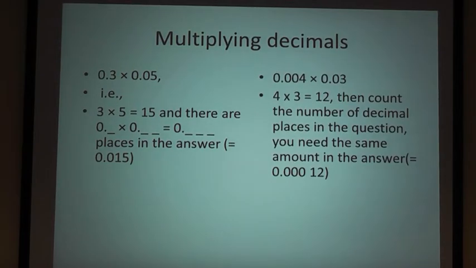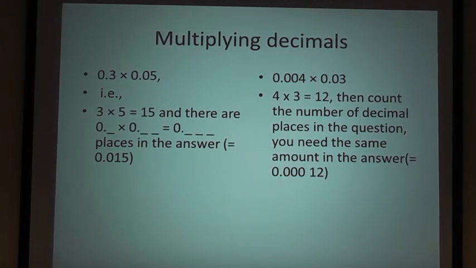Let's try another one. 0.04 times 0.03. 4 threes are 12. Then you count 1, 2, 3, 4, and you've got to move them along, and you get 0.0012 as your answer.